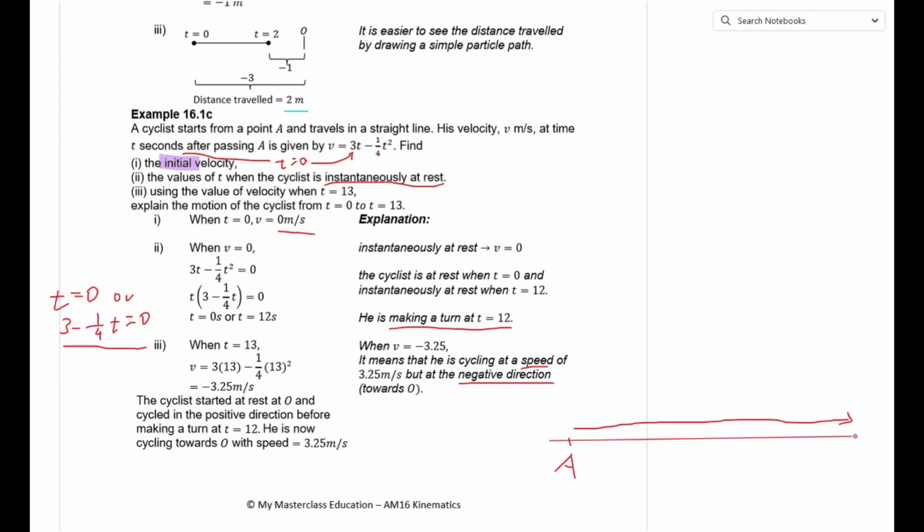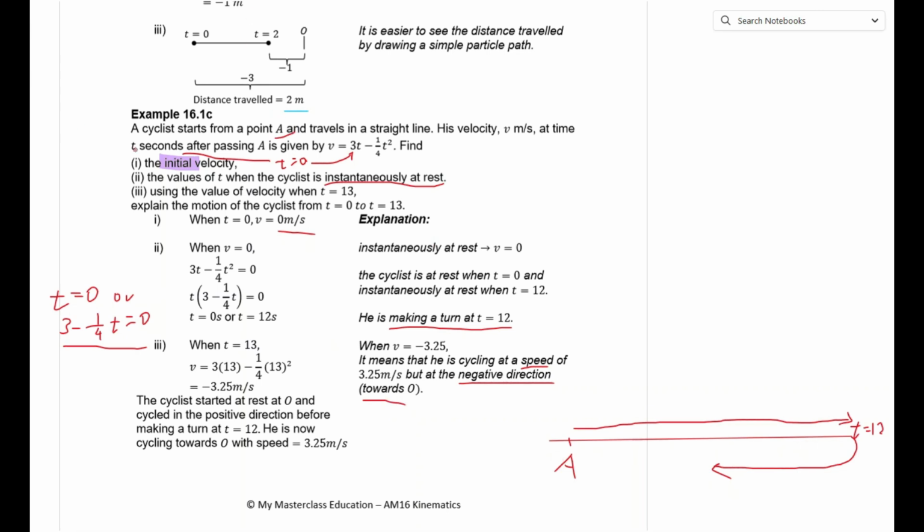Afterwards, it makes a turn at t equals 12, and it will start traveling back towards point A with a speed of 3.25 meters per second, so in this direction. Therefore, it is back towards the point where he had started from. In this case, it is point A.